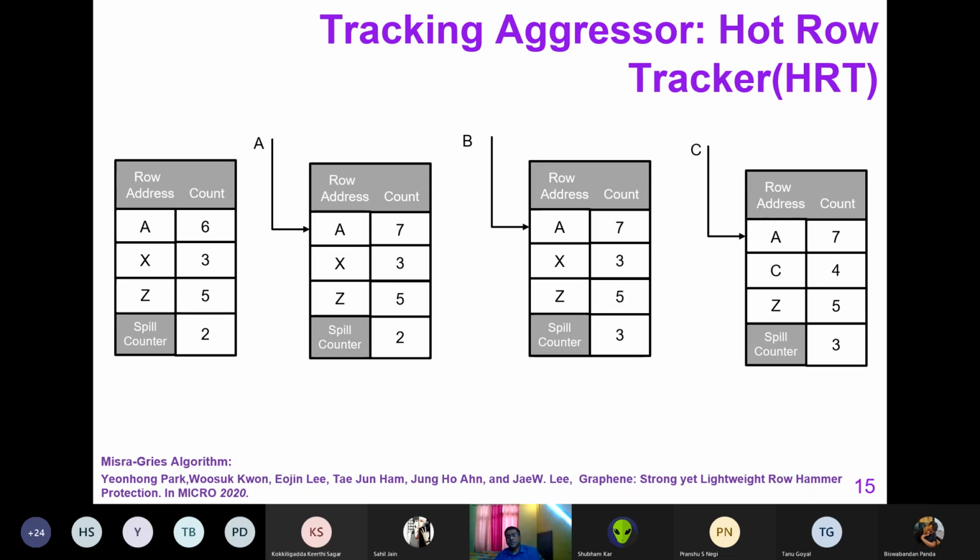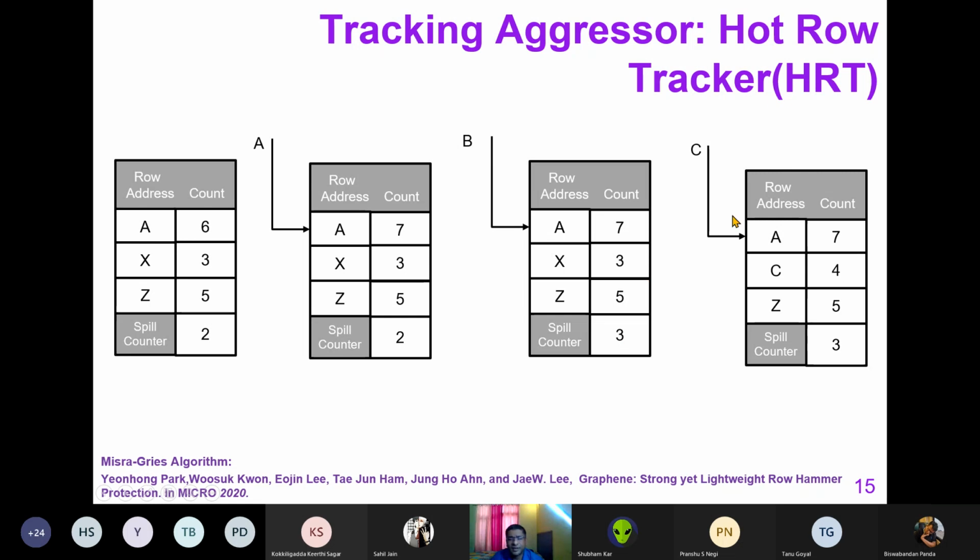Now if another request comes to address C, the algorithm says you compare any of the count values with the spill counter value. The count value of X and the spill counter value were equal, so they replace X with C, and the C count value became 4.